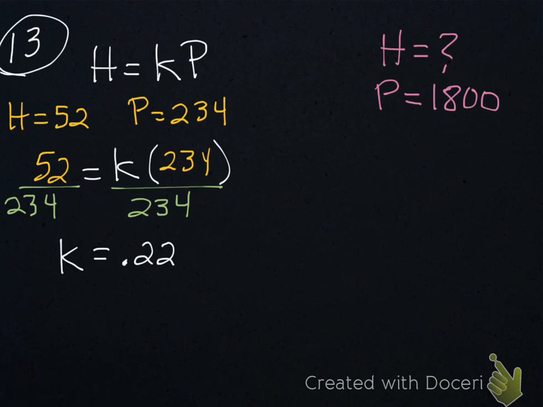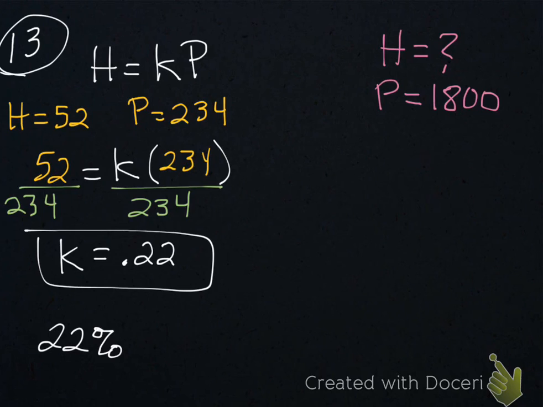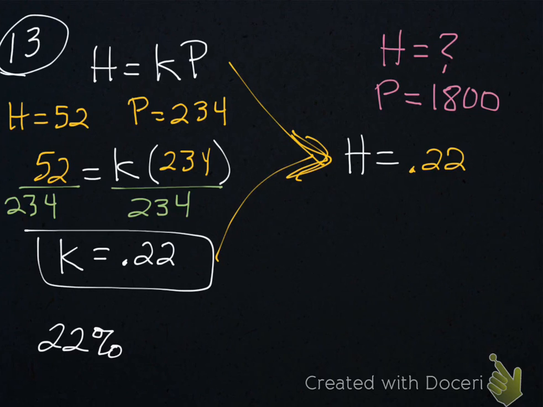It's going to be 0.22. Since we're dealing with a percentage of people, that's okay, because that's basically 22%. Alright, so we got 0.22. That's what we're going to plug in to our equation. So I have hot equals 0.22 times my people.